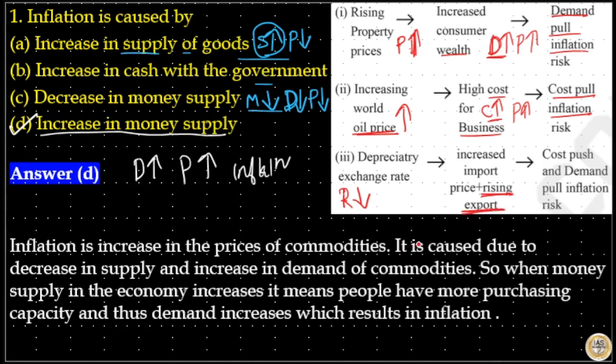Because of the cheaper price, foreigners need our product more. That means higher export. Higher export means demand increases for the same product. Demand increases means price increases in the domestic firm. That means demand pull inflation will happen.